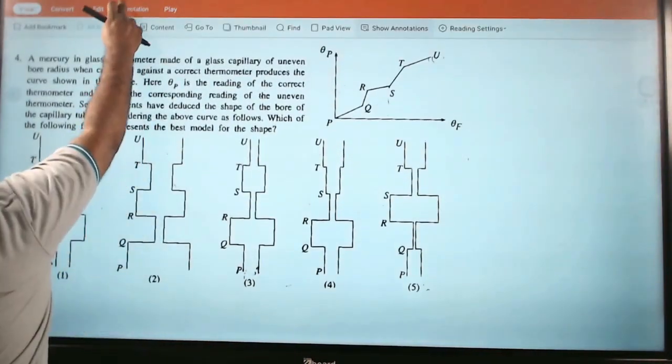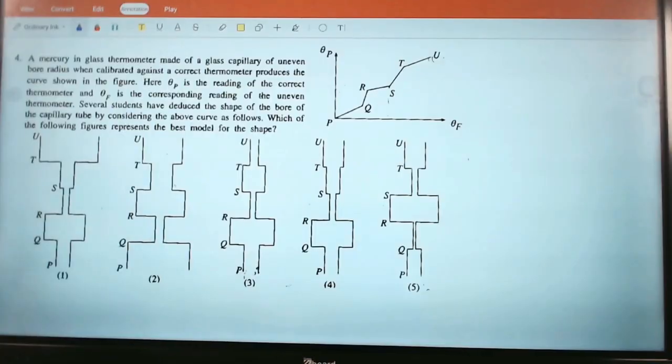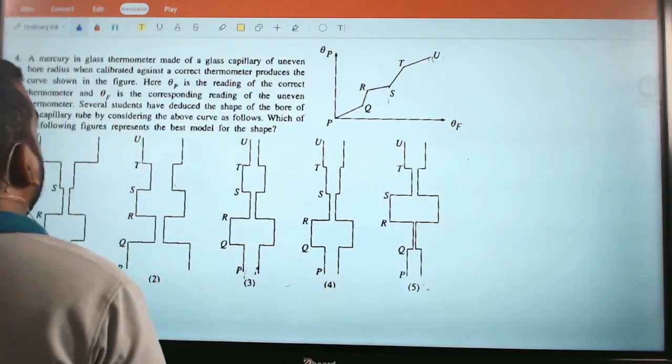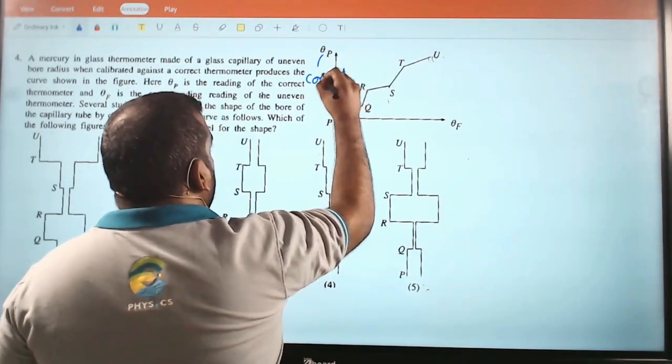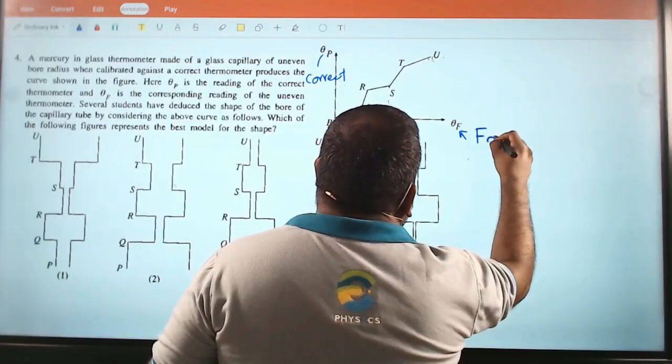A mercury glass thermometer made of a glass capillary of uneven bore radius, when calibrated against a correct thermometer, produces the curve shown in the figure. The correct thermometer is here. False thermometer is here.